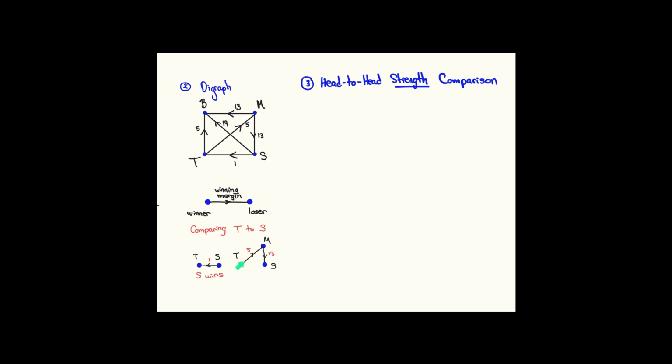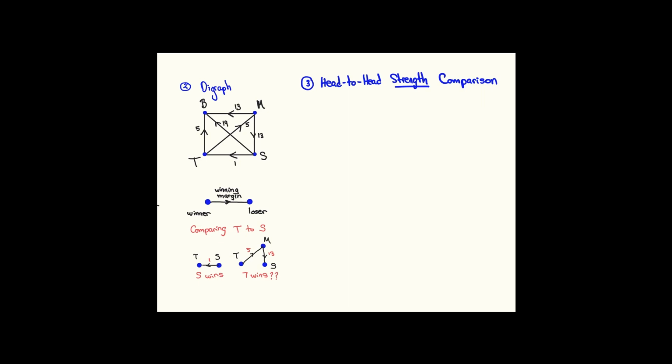On the other hand, this second path tells me that T wins over M and M wins over S, which in a way is telling me that T wins over S.